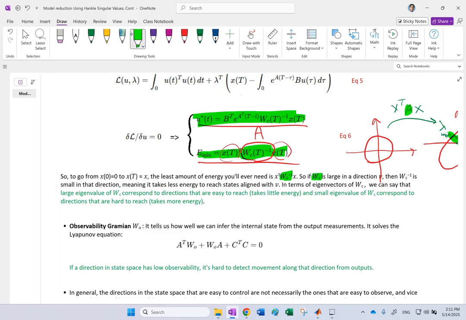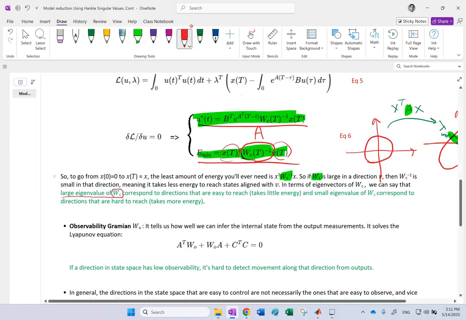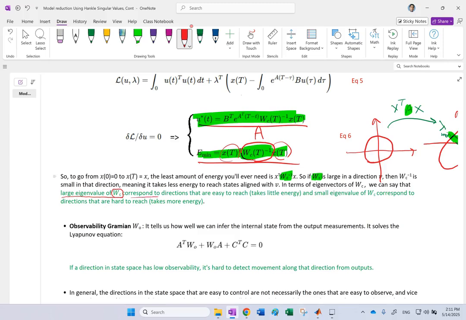So what can we conclude? We can say that for the WC matrix, the Gramian matrix, in the direction of large eigenvalues of the Gramian, the eigenvalues of the inverse are small, so these are the directions where the minimum energy is used to get there.